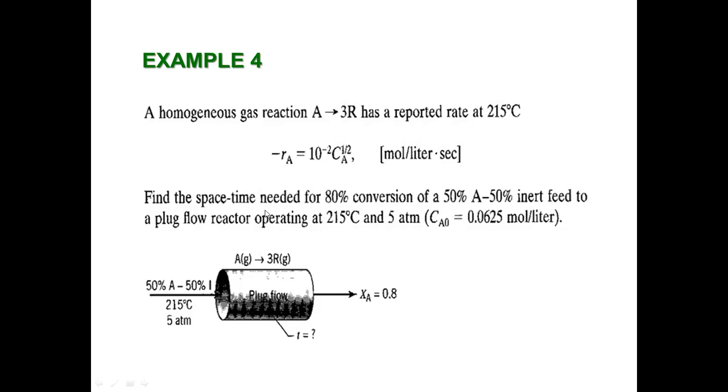You are to find the space time for 80% conversion of an 80% A, 80% inert feed to a plug flow reactor operating at 5 atm. The temperature is stated, which is the temperature at which your reaction should also be occurring. You're also given the initial concentration of A, which is 0.0625 moles per liter, and you're given the illustration for your plug flow reactor here comparable to that of a cylinder or a tube.